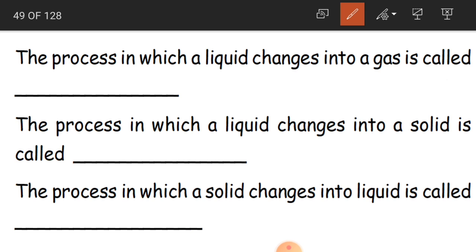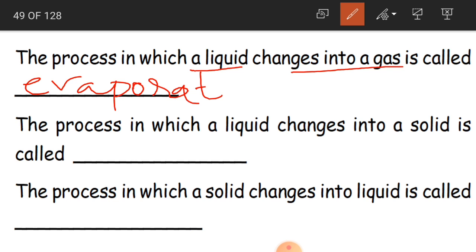Now, the process in which a liquid changes into a gas is called, what do we call it? The process in which liquid changes into gas is called evaporation. And the process in which a liquid changes into a solid is called freezing.